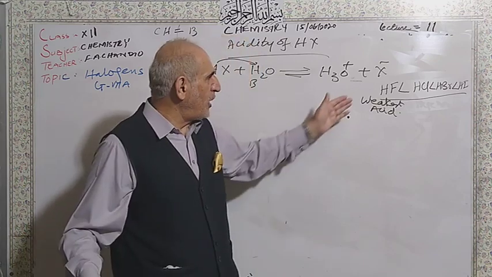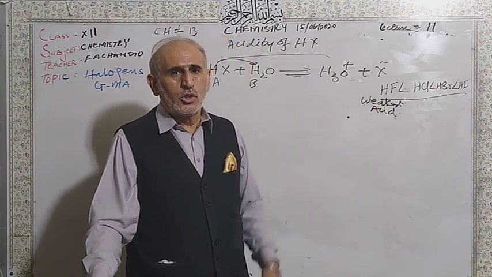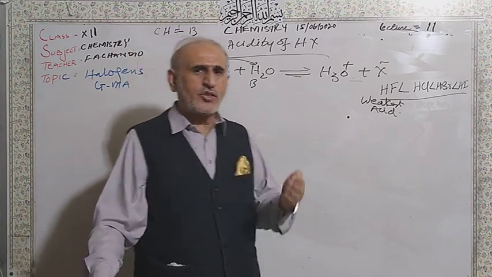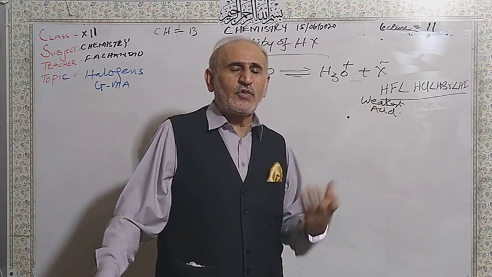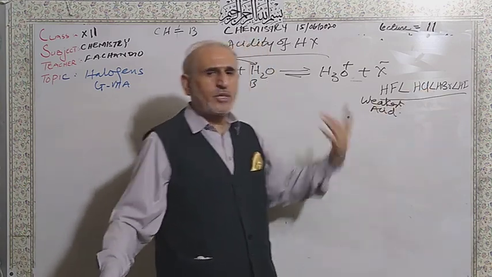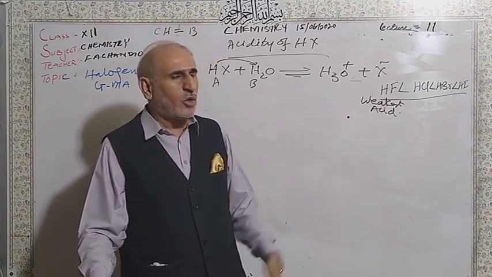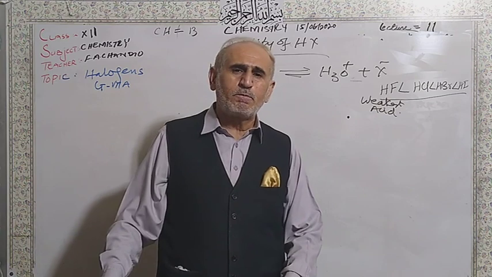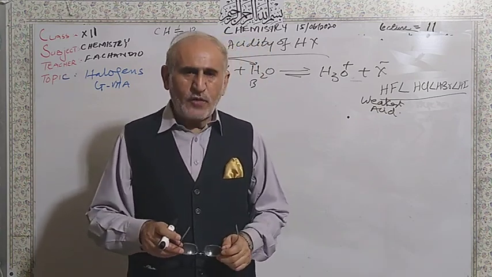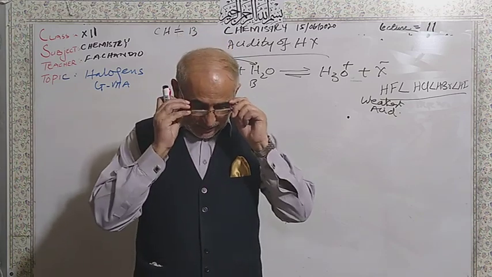Due to the hydrogen bonding between hydrogen and fluorine, the bond is strong, so it hinders ionization. As I go down the group, this bond gets weaker and weaker. That's why hydrogen iodide, with the weakest bond, can ionize very easily. Due to this reason, hydrogen fluoride is the weakest acid and hydrogen iodide is the strongest acid.